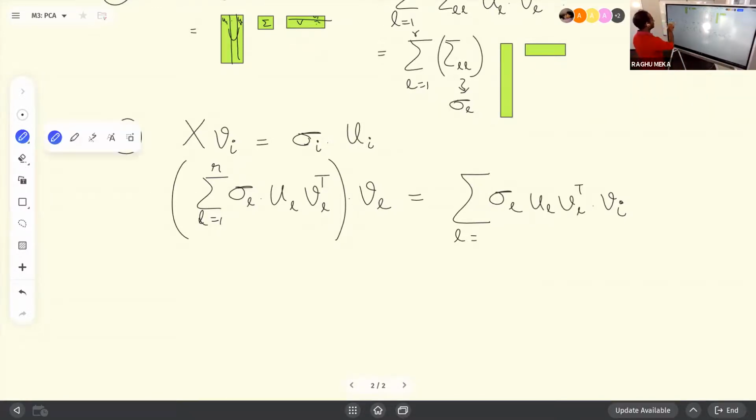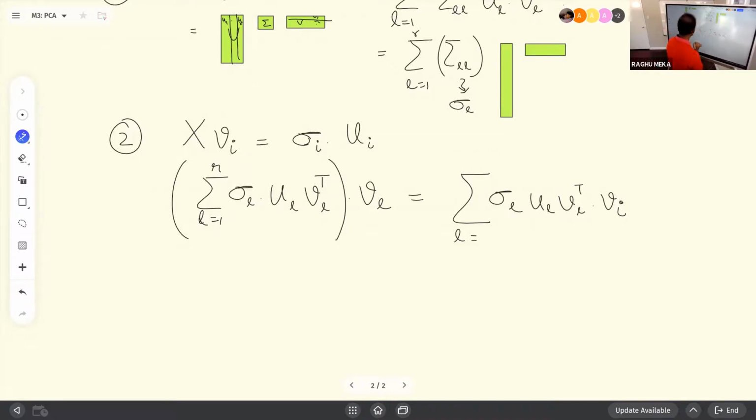Now, what can you tell me about these inner products, VL transpose and VI? What are those numbers? So remember, the property of V is that the columns are orthonormal. So the different V's are orthogonal to each other. Okay. So everything except the index where L equals I will give you 0.